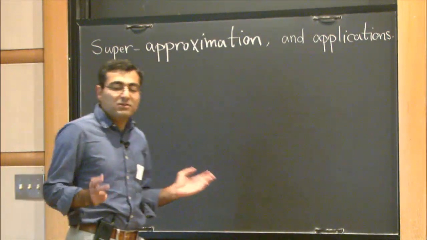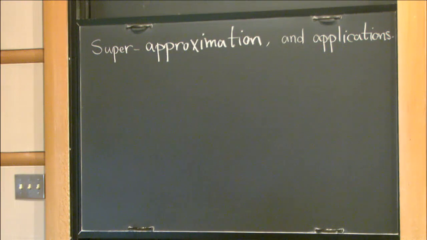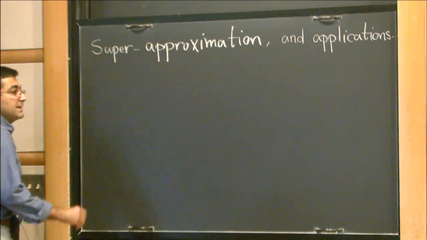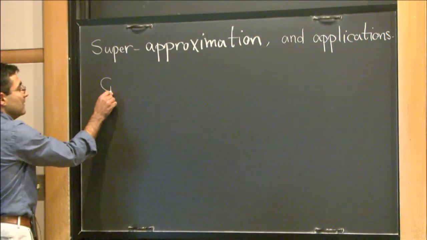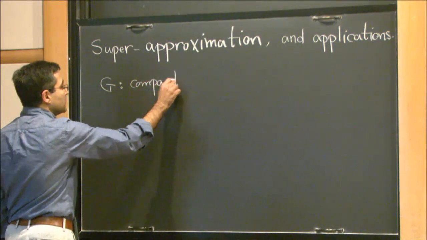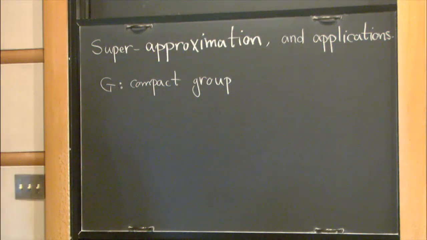We start with a very general setting, so general that it is hopeless, but nevertheless, then we look at the special cases. So what is this general setting? The general setting is that we have a compact group and we have a finitely generated subgroup of this compact group.